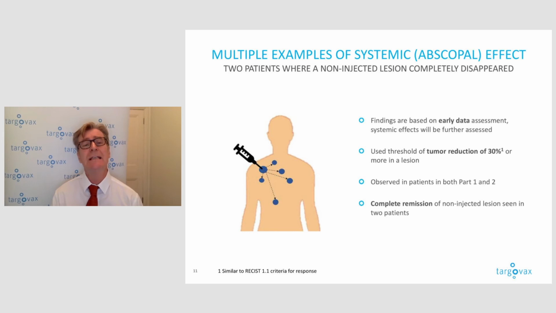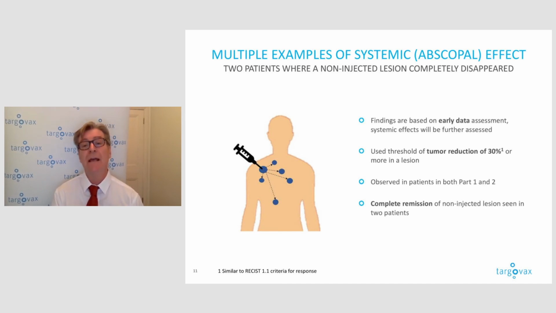And what we did here was, in collaboration with Professor Wolchok, we did set a limit for how to count or classify a non-injected lesion as an abscopal lesion. And we said that we were going to go for those uninjected lesions that had shrunk by at least 30%.